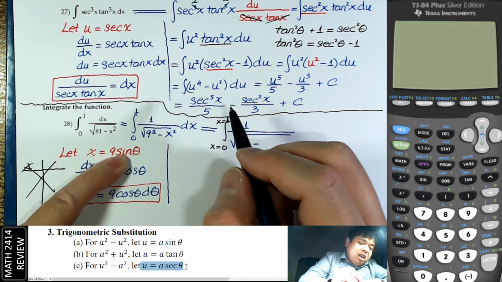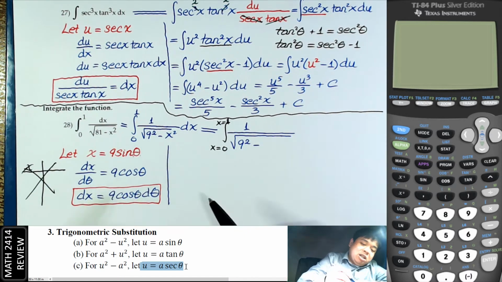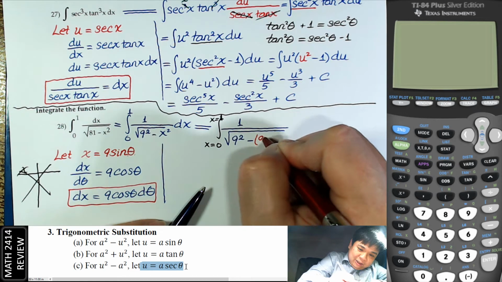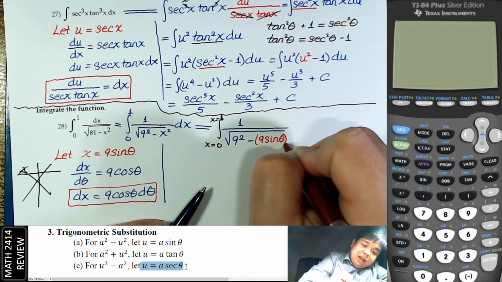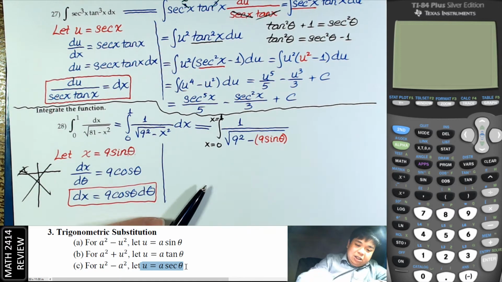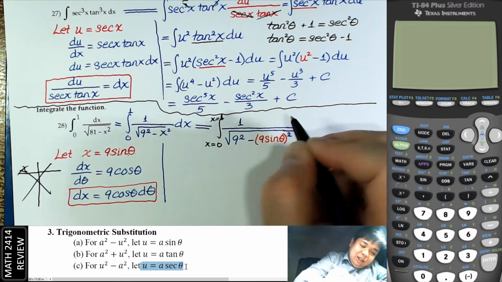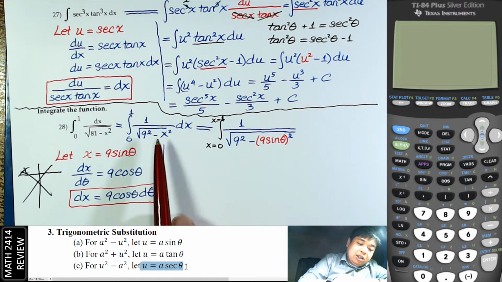So that is sine inverse of 1 over 9, and I don't want to mess the limit that much. Even though we have theta here, the limit is still x. So I write it like that, so we won't forget that at the end. Right, so substitute for x, and the x is this.